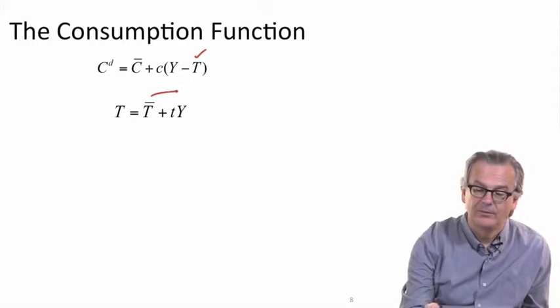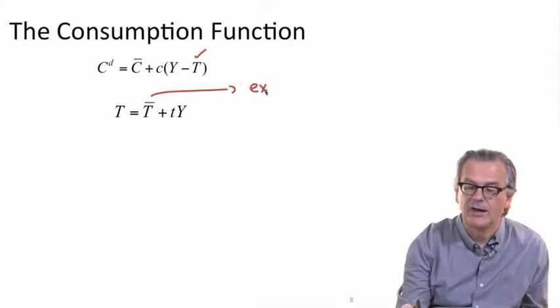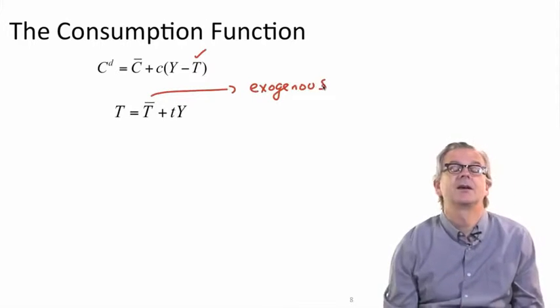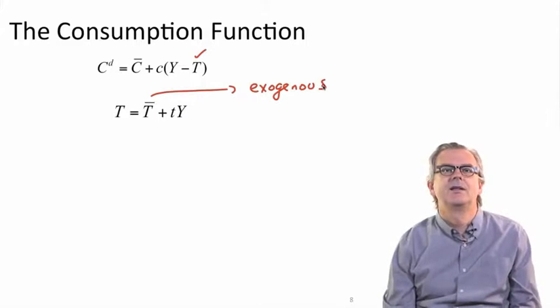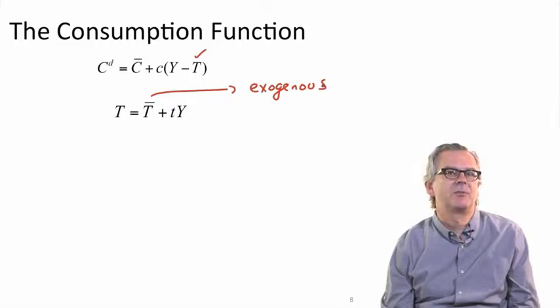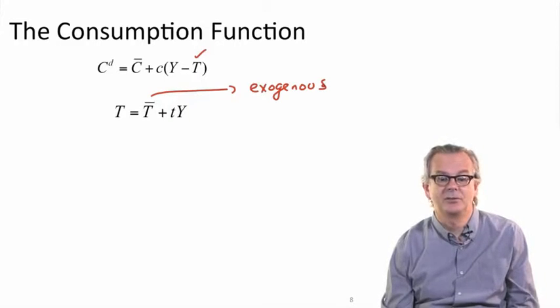One component is going to be an exogenous component. This represents any taxes that the household needs to pay that do not vary systematically with the household income. So there might be some fixed license fees, for example, collected by the government for various purposes.